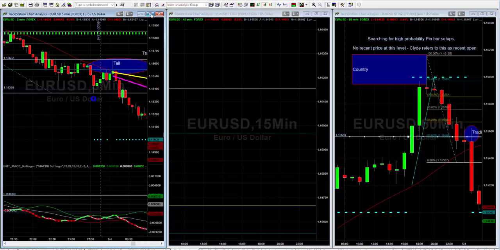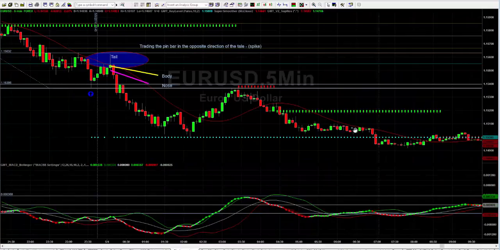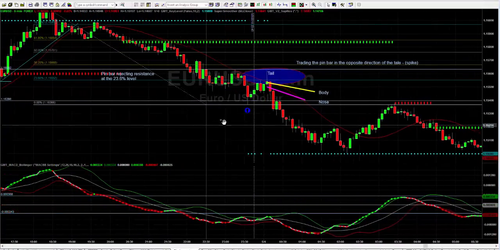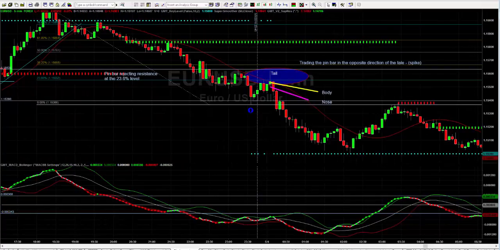But if you have a look, that pin bar on the 60-minute gets us into the trade for the reversal. But what setup is this one here? Is this a reversal or is this a continuation trade? Yeah, it's a continuation, that's it.